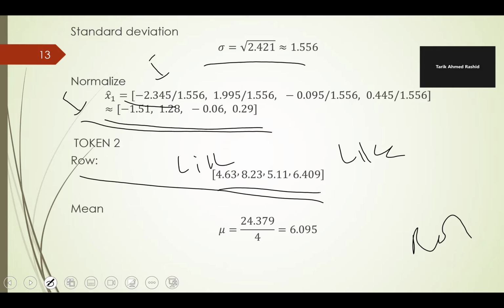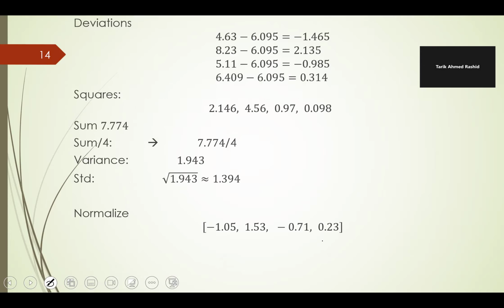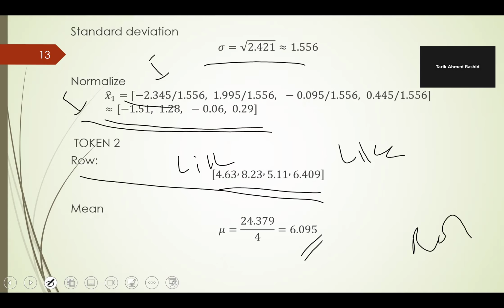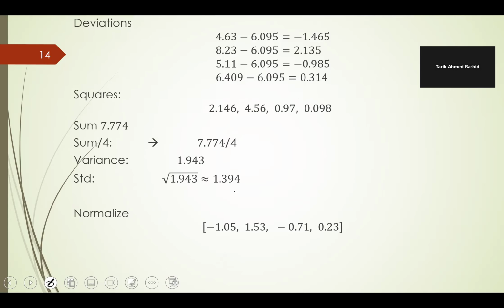Same thing, we add them up and divide by 4 because there are 4 elements. We get mu, and now each value of each cell minus mu, we get the deviations.